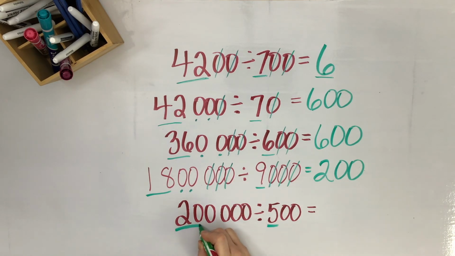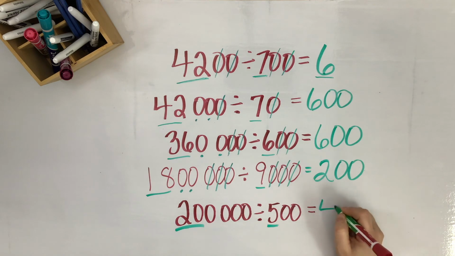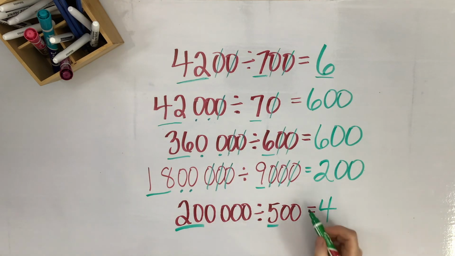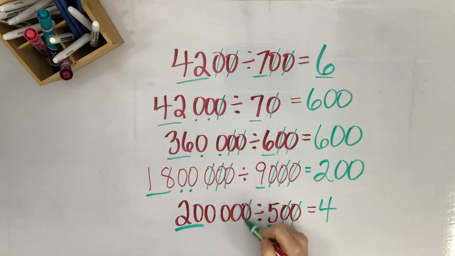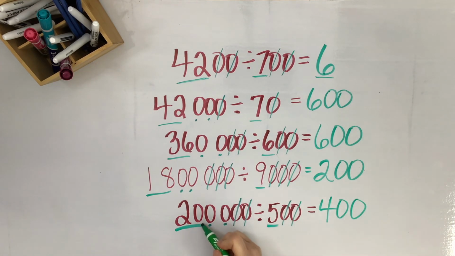But I can extend the 2 to make 20, and 20 can divide by 5 to give a whole number answer of 4. So from here I'm going to cross out an equal number of zeros on each side of the division question, and then just take the extra zeros for my answer. This 0 that was part of the 20 is not one of your extra zeros, so don't take that. It's only the unclaimed zeros that you can take.